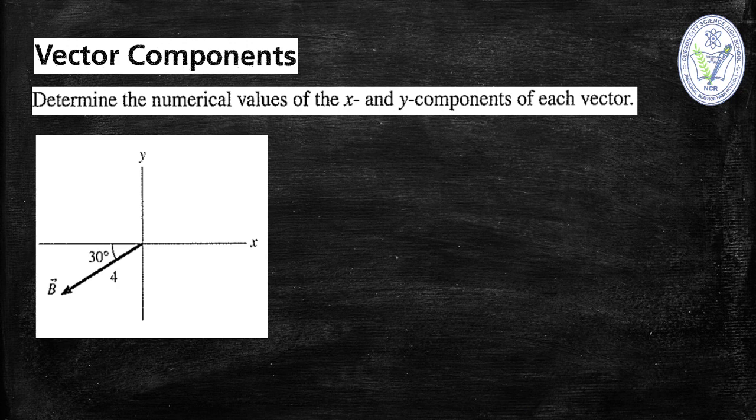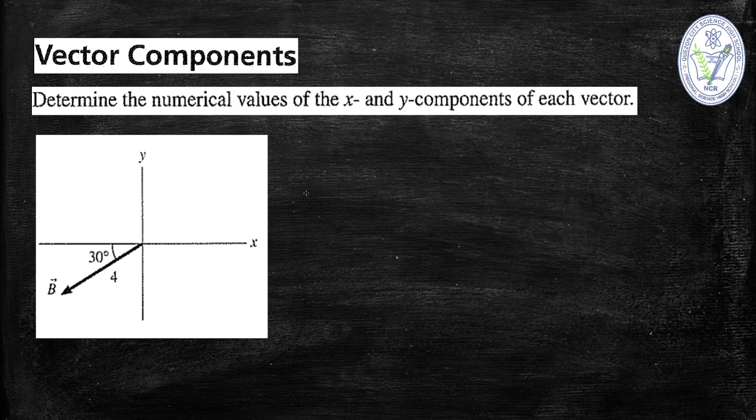Now this time our vector can be found at the third quadrant, and our vector is vector B, and it has a magnitude of 4, and it has a direction of 30 degrees below the negative x-axis.